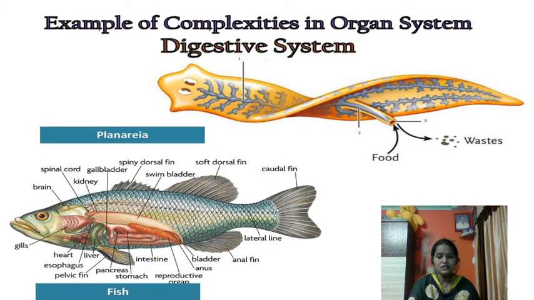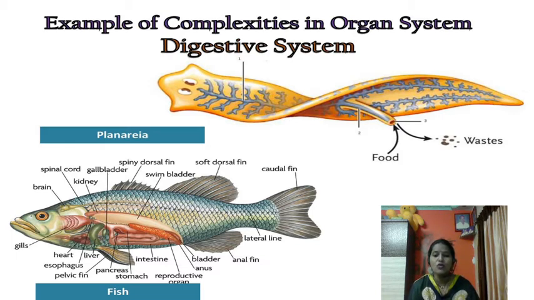Now students, there are some complexities observed in the organ system level of organization. First example is of the digestive system. Platyhelminthes has a single opening. Here I have shown you an example from the Platyhelminthes, planaria.